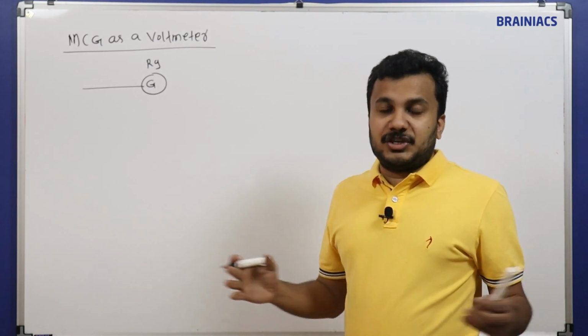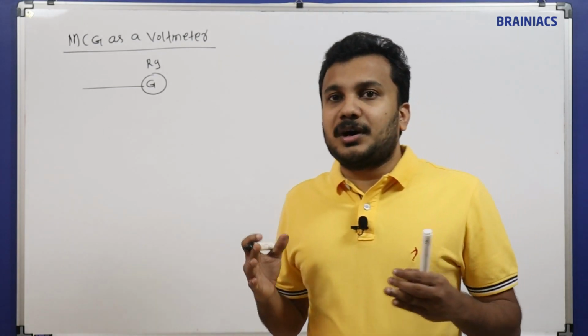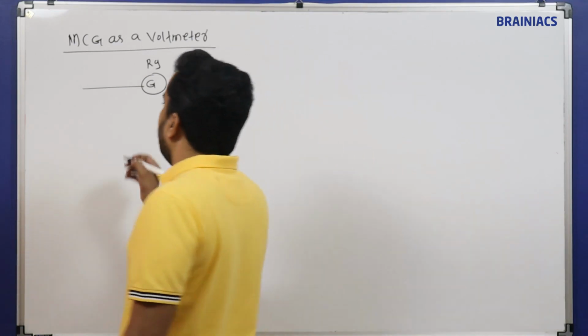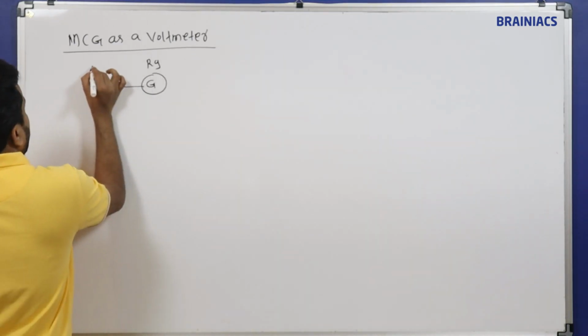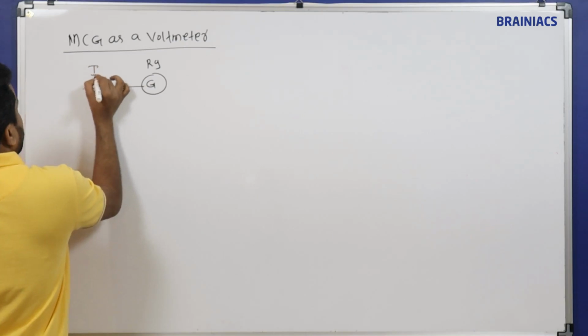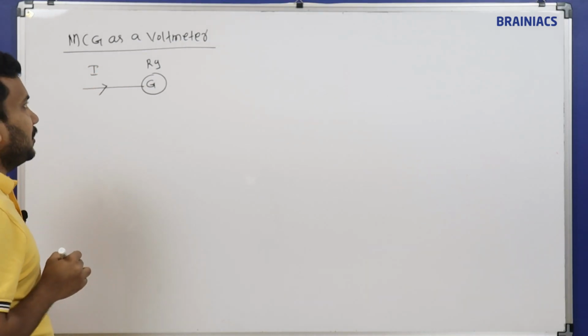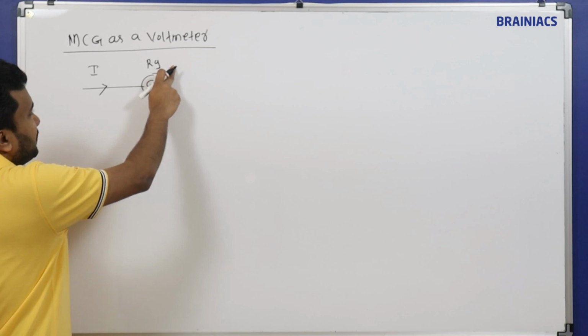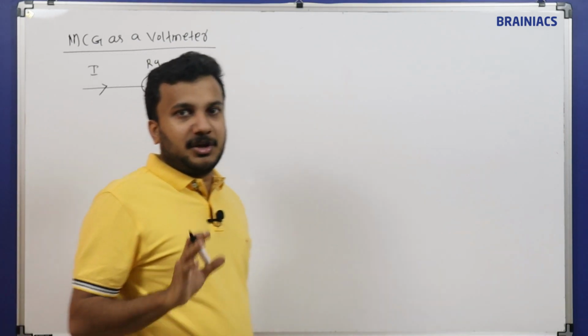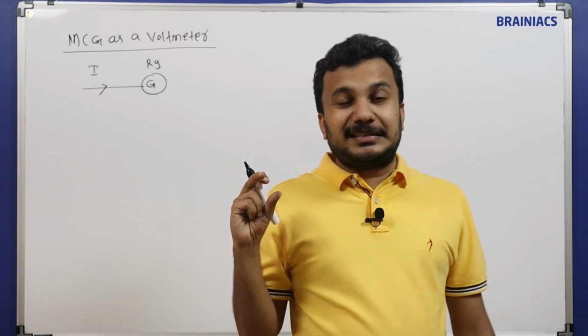To measure a large voltage, voltage equals current into resistance. If I pass a current I through this circuit, I cannot pass a huge amount of current, because the galvanometer is very sensitive.